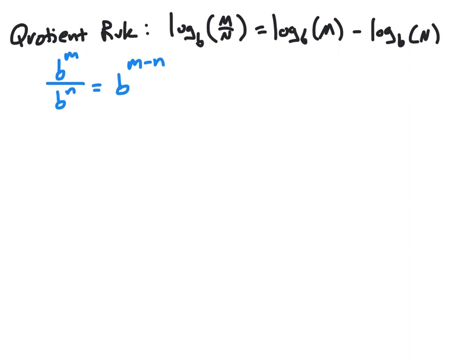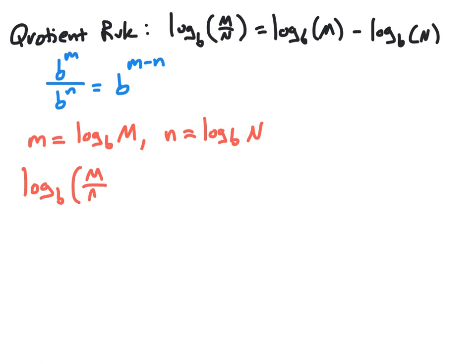Just like the product rule, we can pretty quickly deduce the quotient rule for logarithms from the quotient rule of exponents. Just like in that previous case, we're going to let lowercase m be the log base b of capital M, and lowercase n be the log base b of capital N. And we're going to start by trying to compute the log base b of capital M divided by capital N. We will substitute in the appropriate values.